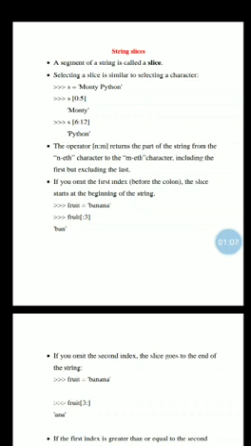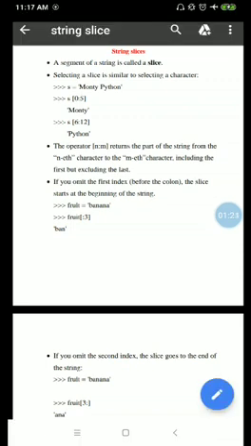I'm trying to print from the variable S, starting from the 0th character to the 5th character. Here 0 means the first character, whereas 5 means 5 minus 1, that is n minus 1. That is, I'm printing from the 0th position to the 4th position.